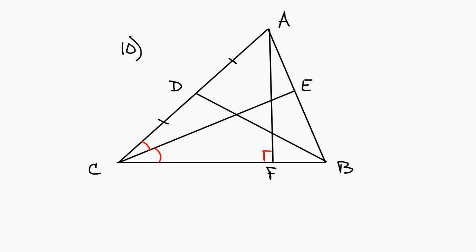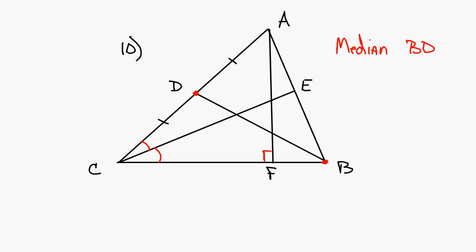You're asked to name a median. A median goes from a vertex to the middle of its opposite side. So in this case, one of these segments that goes from a vertex to the middle of its opposite side is BD.